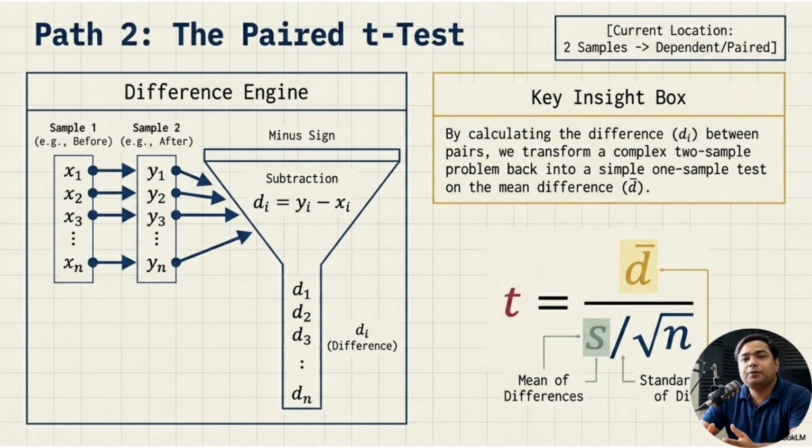The key question becomes, is the average difference significantly different from the hypothesized difference? In many cases, the hypothesized difference is zero. But sometimes, as we will see in the next example, the hypothesized difference can be another value. The paired t-test is powerful because it controls individual differences. Since each subject is compared with himself or herself, variability between people is reduced.